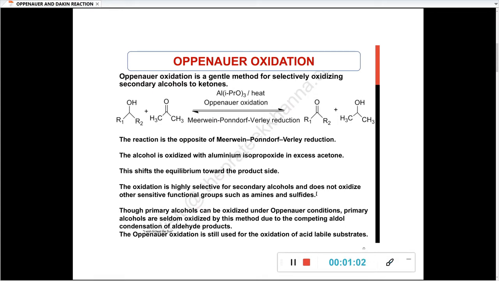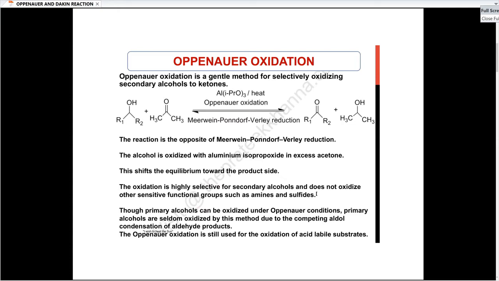So the forward reaction, which is oxidation of the secondary alcohol to the ketone, is called Oppenauer oxidation, whereas the reversible reaction, wherein the ketone in the presence of excess of secondary alcohol and in the presence of aluminum isopropoxide catalyst is converted back into its corresponding secondary alcohol, is called Meerwein-Ponndorf-Verley reduction.